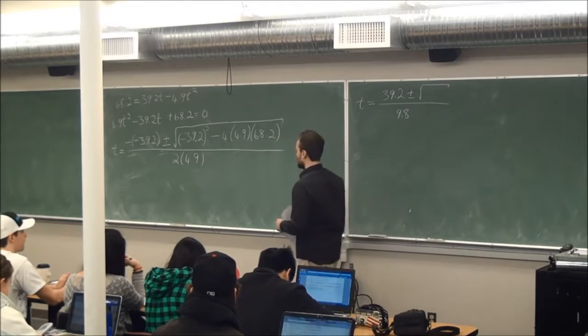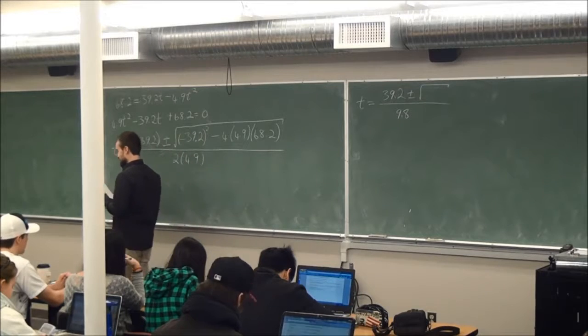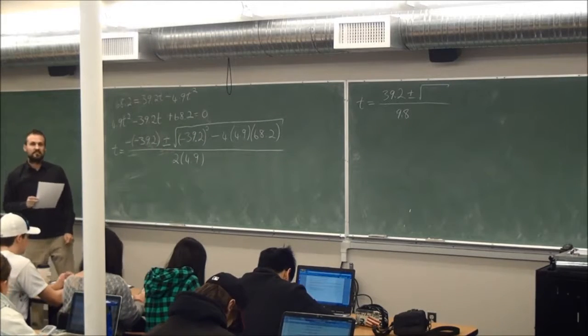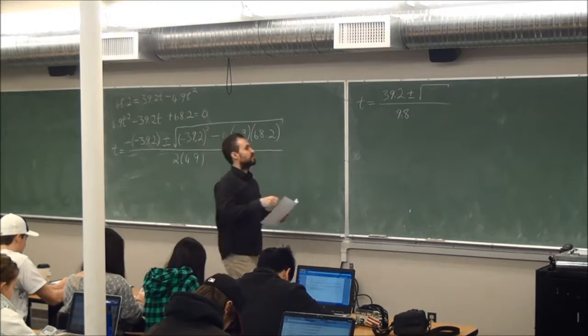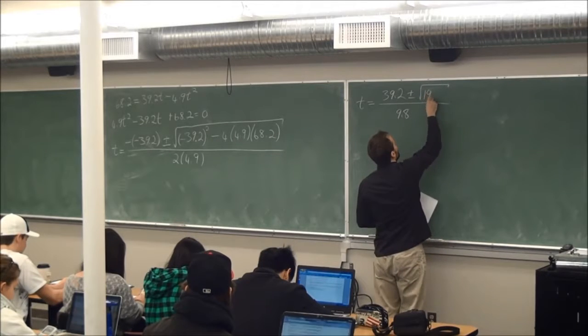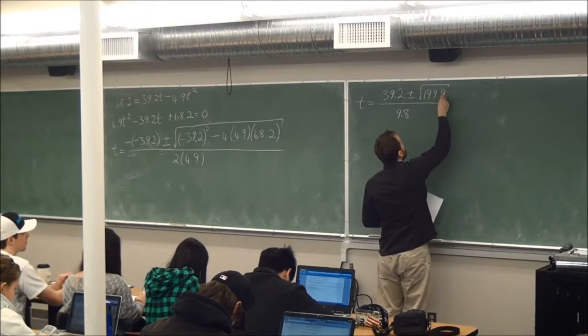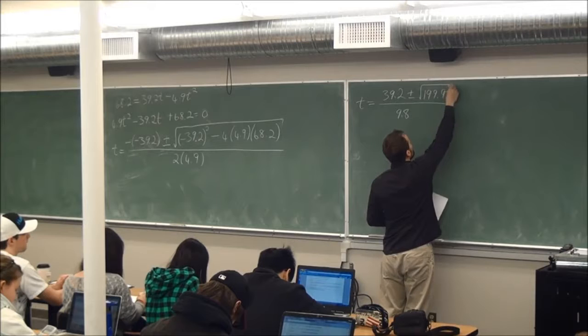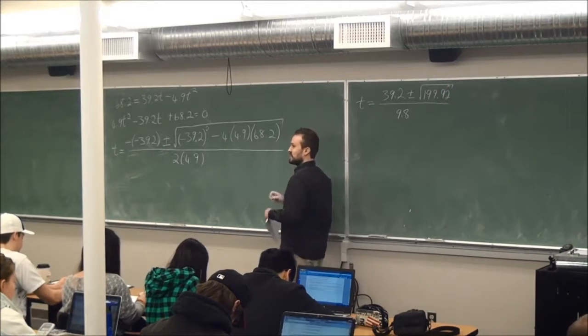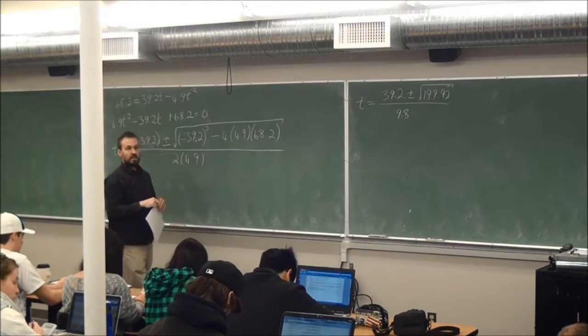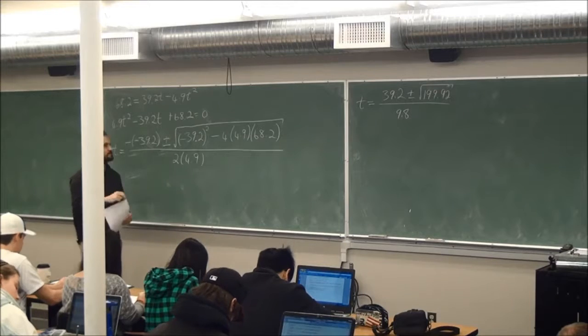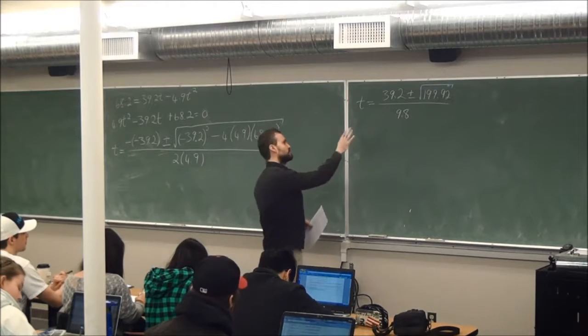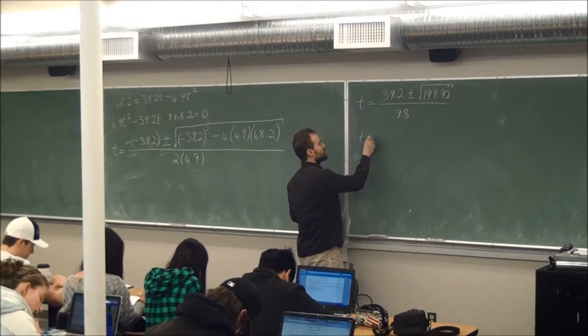What's inside the square root? 199.92. Can anyone confirm her number? Okay. Now it's a much simpler calculation for the calculator.